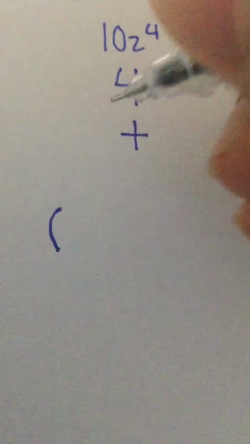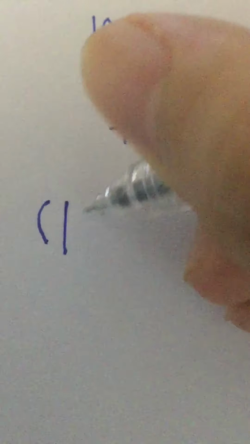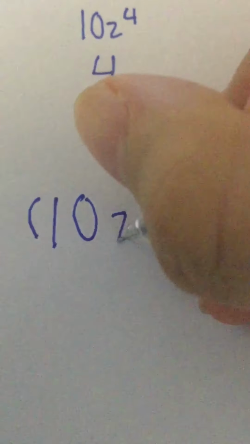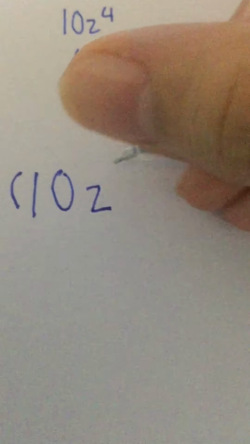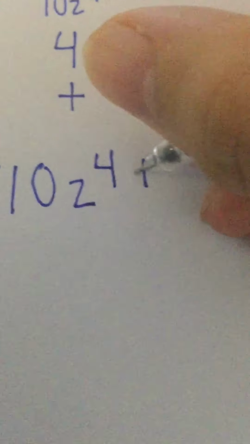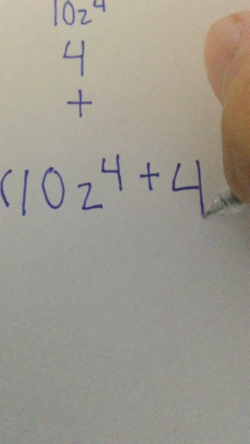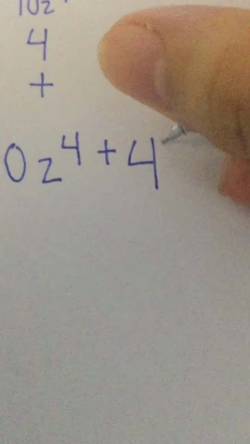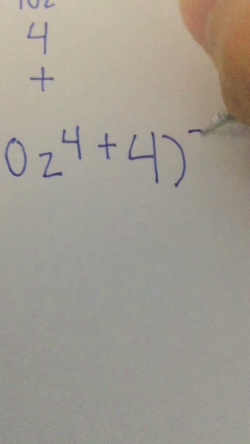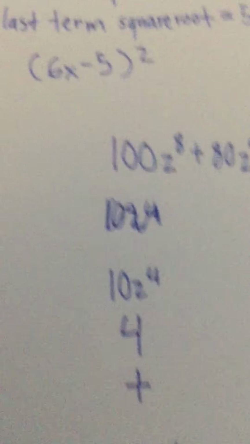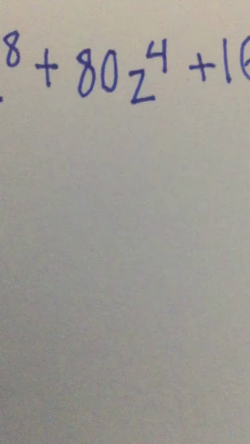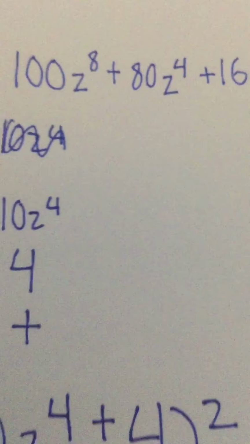So first, get the square root of the first term, then the answer is (10z to the 4th power plus 4) squared. Now, why did I put 80z to the 4th power here?